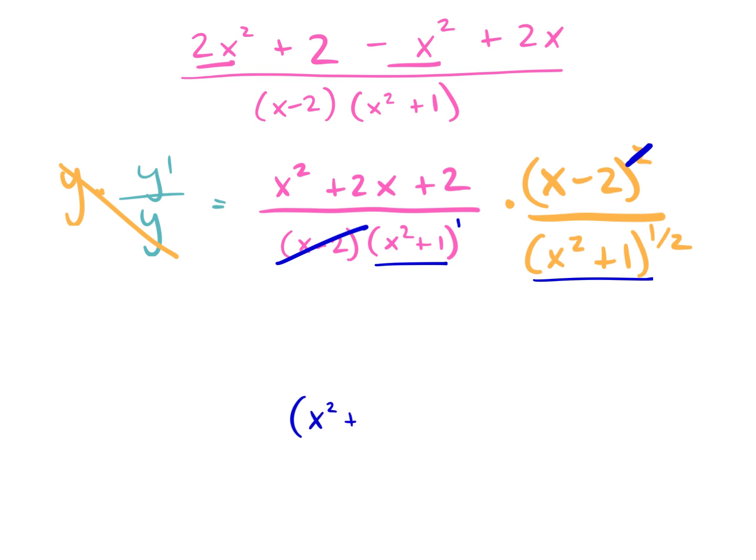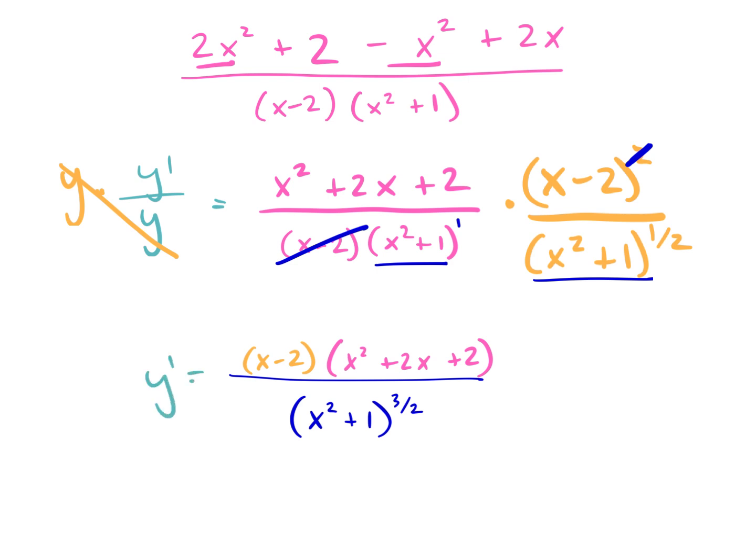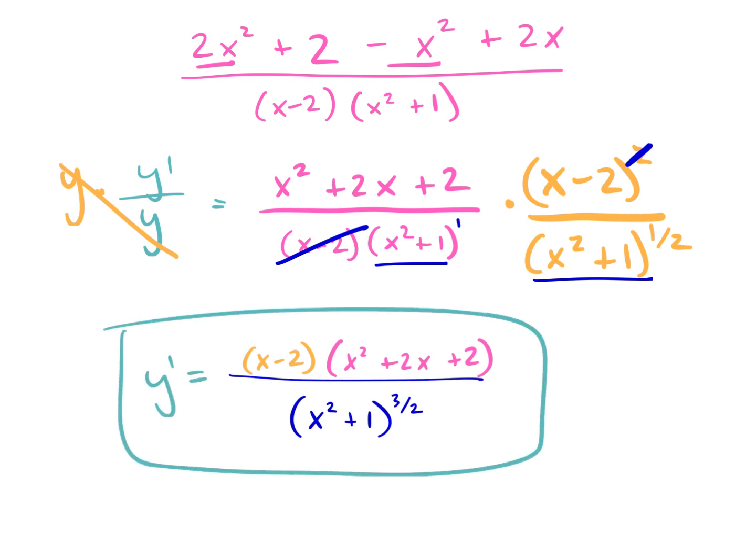So we have x squared plus 1 to the power of 3 over 2 on the bottom. And then up top, we don't have to distribute up top. Just make sure you've simplified everything you can. So I've got that x minus 2 times x squared plus 2x plus 2. So this would be our derivative.